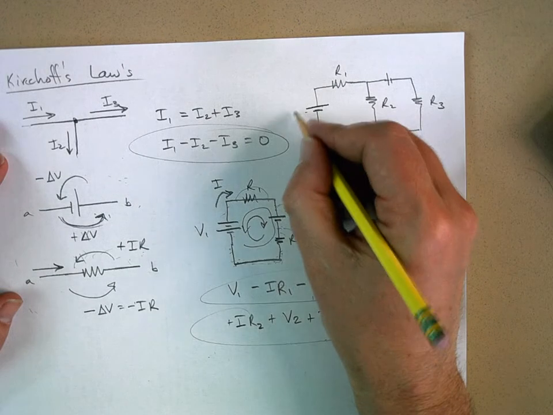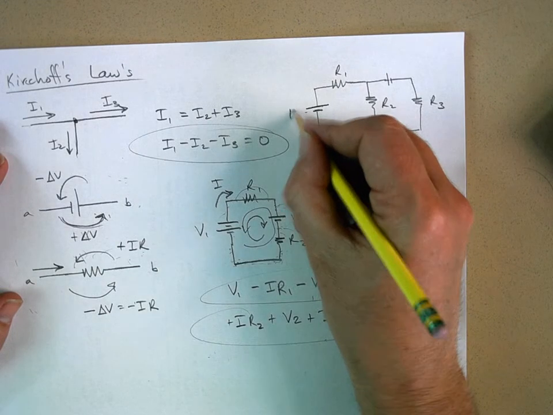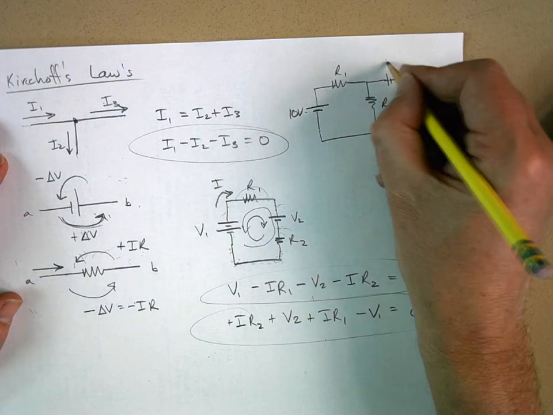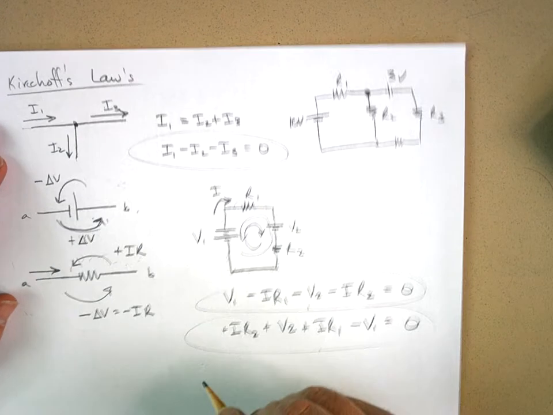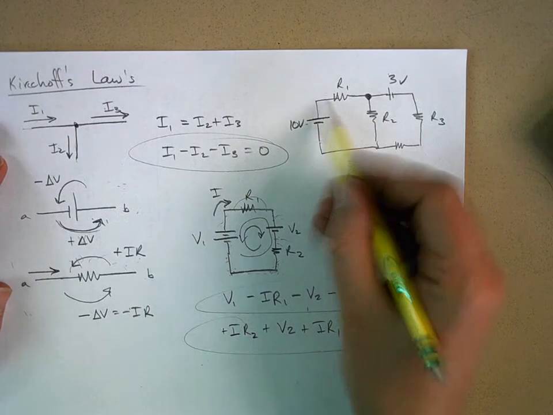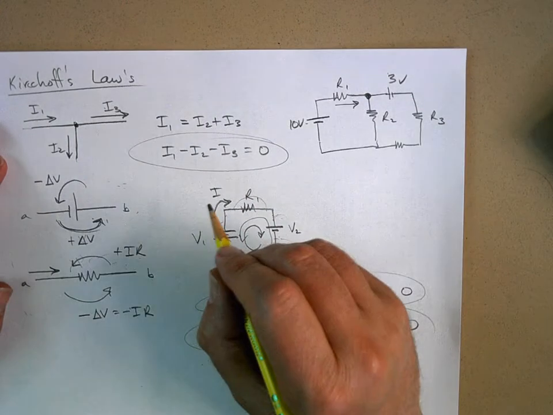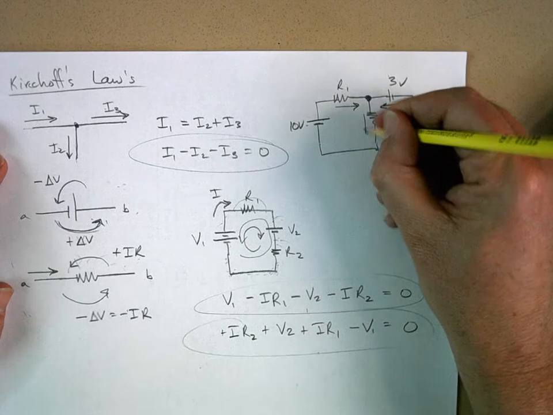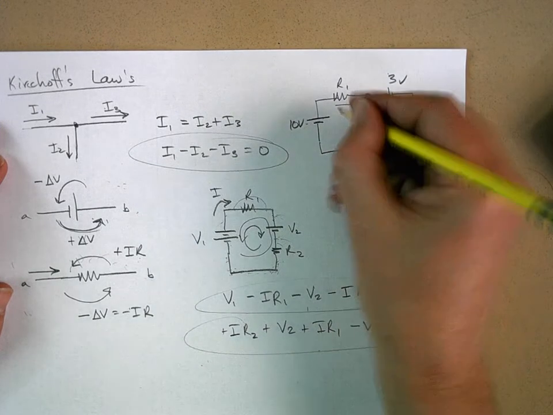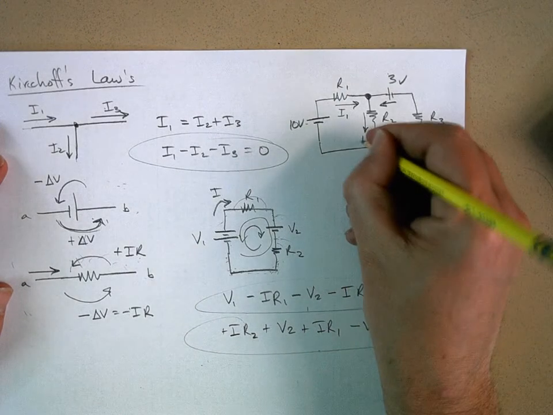Let's say 10 volts, 3 volts, something like that. What you do is you pick a junction and you make a guess. Oh, this is more powerful. I bet the current's going to go in like this. I bet this is going to make current go like this, and this is going to make current like this. And then I'm going to say this is I1, this is I2, and this is I3.